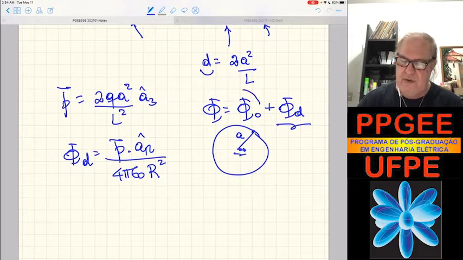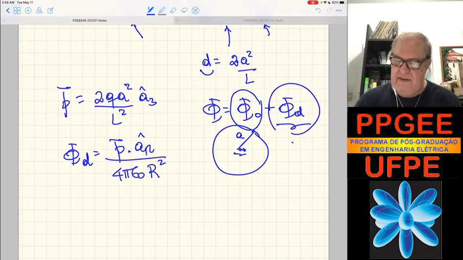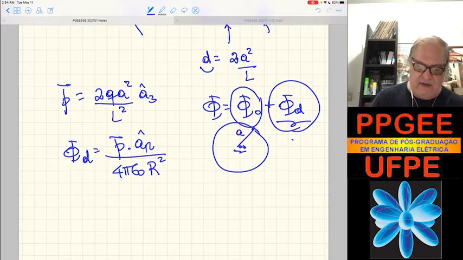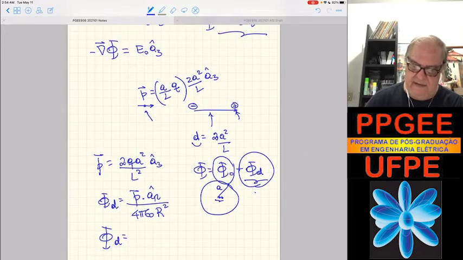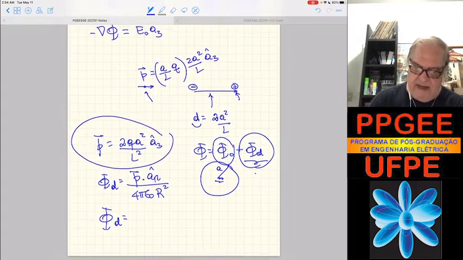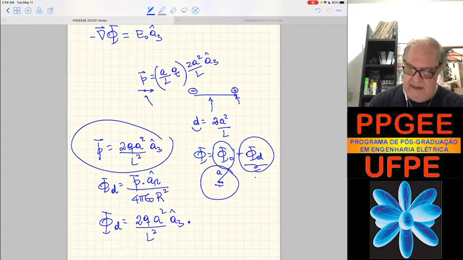So we have the potential due to the point charges far away from the sphere that gives a uniform field, and the potential due to the dipole. Let's calculate phi d. We're going to have 2Qa squared over L squared AZ dot AR divided by 4 pi epsilon 0 R squared.